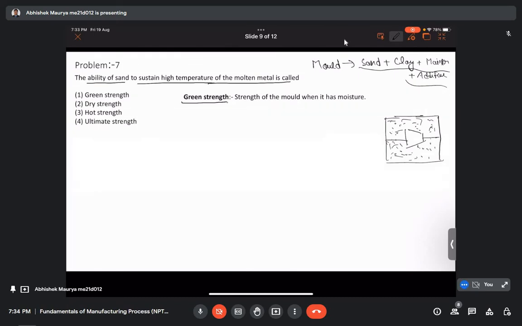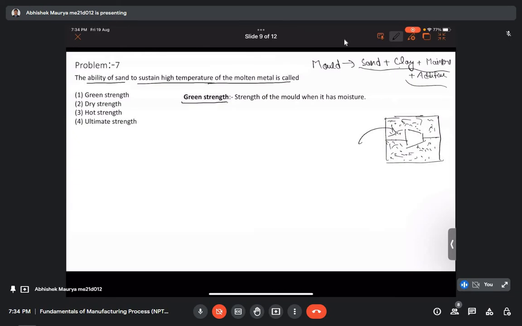This is the molding sand, the region where the mixture of sand plus clay plus moisture plus additives has been added. So when it gets prepared freshly, whatever strength it has is called the green strength. Everything is present: sand, clay, moisture, additive. So in the presence of moisture, whatever strength it has is called the green strength.